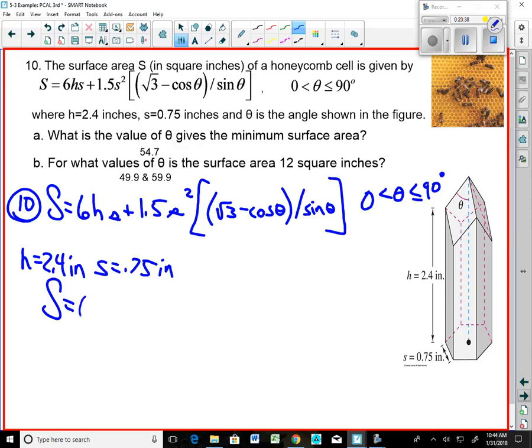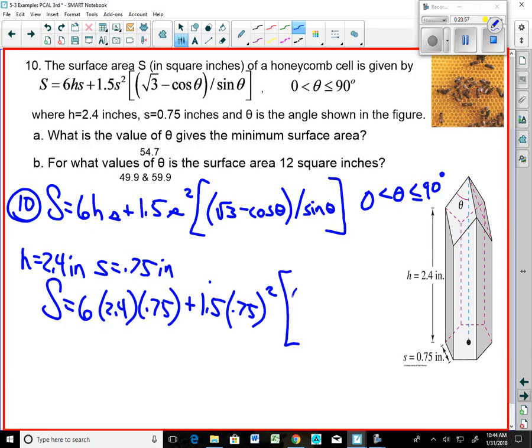So S is 6 times 2.4 times 0.75 plus 1.5 times 0.75 squared, times the square root of 3 minus cosine theta over sine theta.